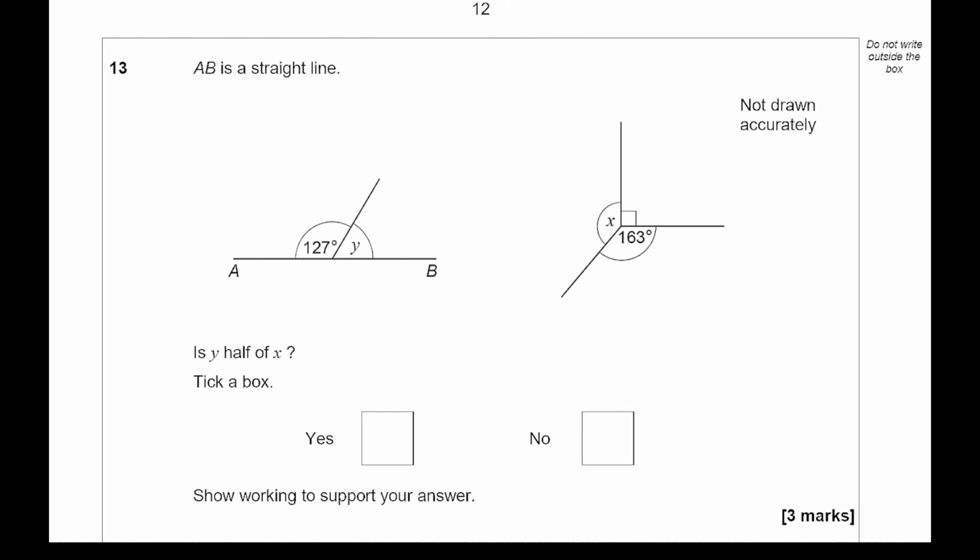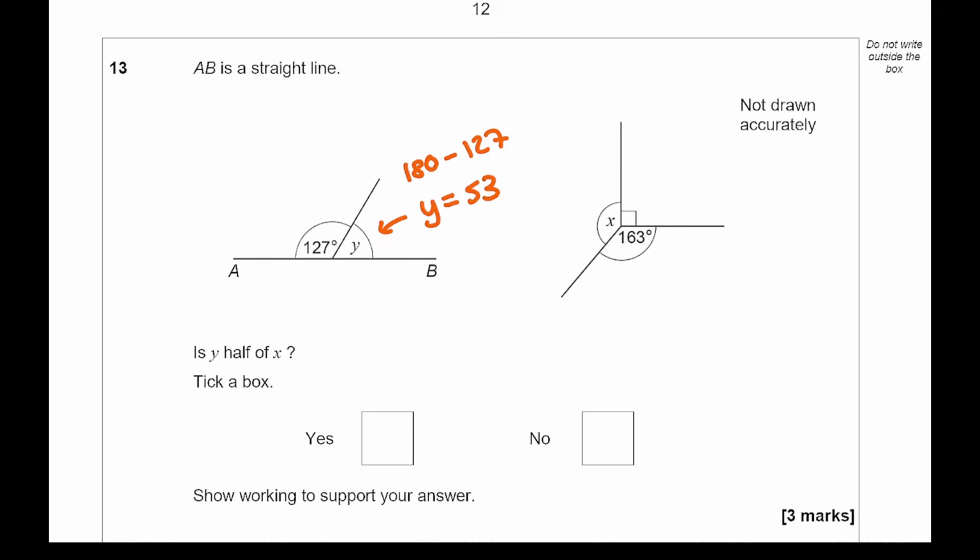Moving on to question 13, it says AB is a straight line, is y half of x? Now for this, what we need to do is work out what x and y is. Now for y to be on a straight line, angles on a straight line need to add up to 180, so if I do 180 minus 127, I get an answer of y equals 53.